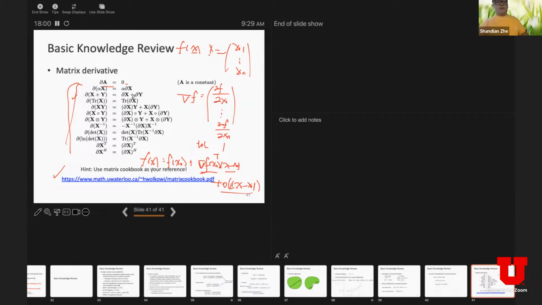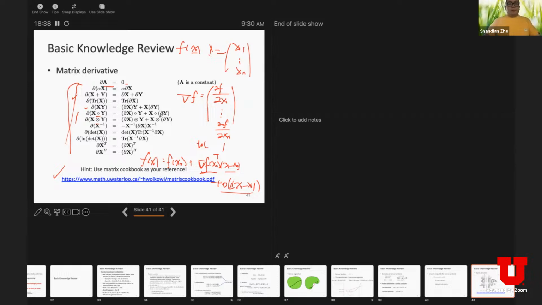There are a bunch of other rules, very similar to the derivative rules for the product, and some rules you might have never seen for matrix operations, like this Kronecker product. But they all have their own rules. You don't need to prove why they work. This has already been summarized by those pioneering mathematicians. You just apply it.